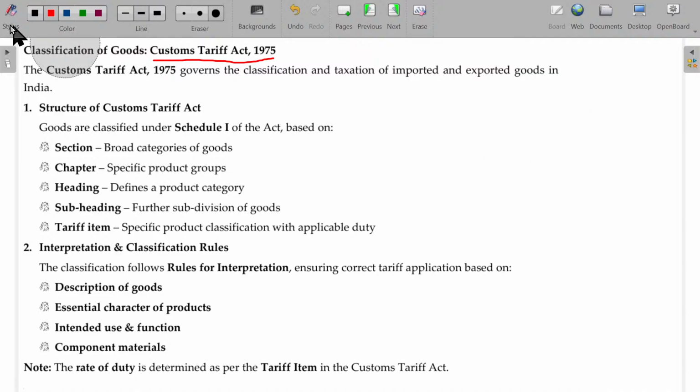For example, coconut oil. Come on, tell me, is coconut oil an edible oil or a cosmetic product? That's a clarification, right? In most of South India, especially Kerala, they use coconut oil as edible oil.